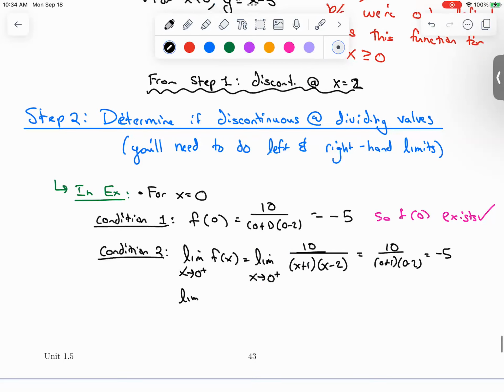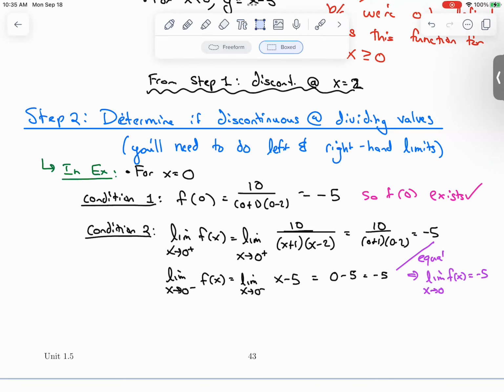Sadly, we're running out of room here. My handwriting got too big. Because there's one last step. To reiterate, the limit from the right of 0 equals -5, the limit from the left of 0 equals -5, meaning they gave us the same value, which means that the limit itself exists and is also equal to -5.